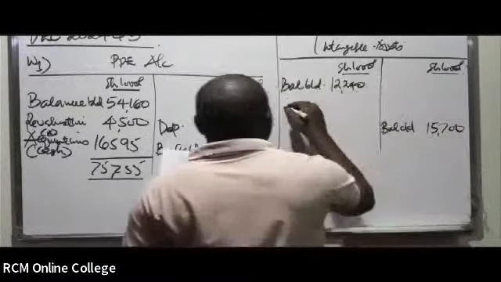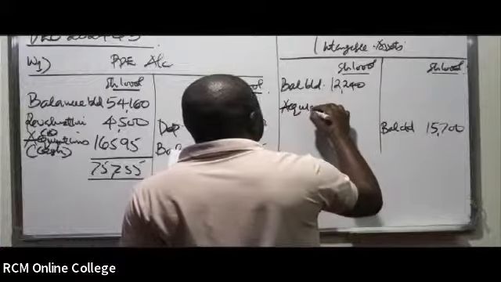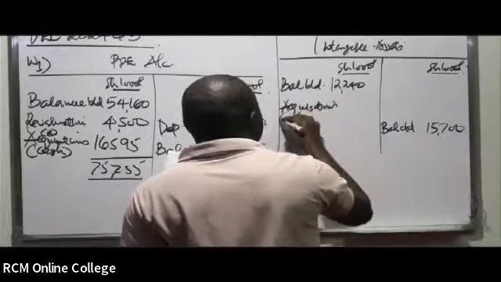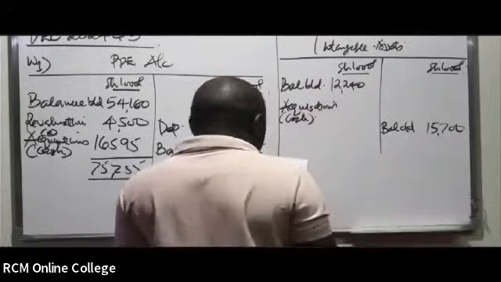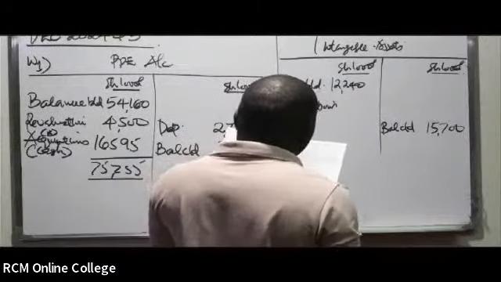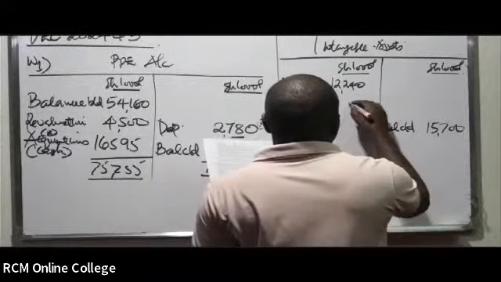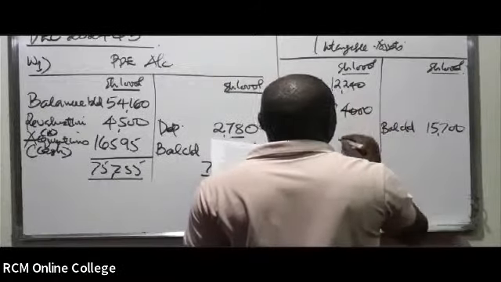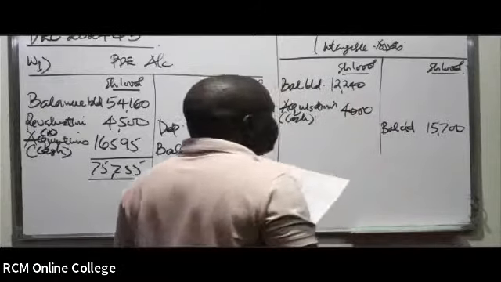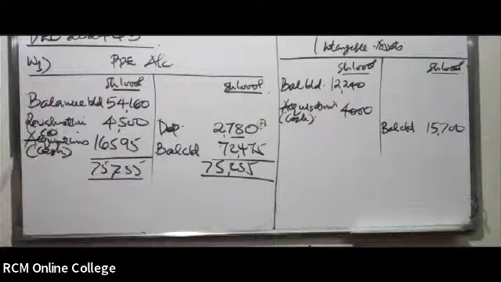You've already been told there were acquisitions, which they spent cash on, of an amount of 4 million. So you are supposed to get the balancing figure.